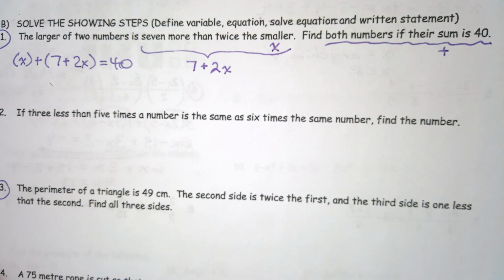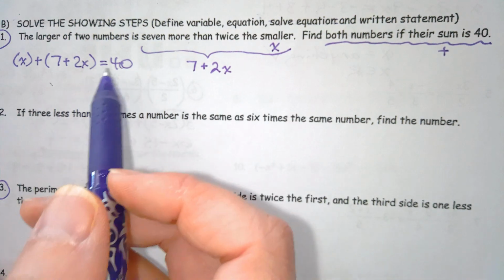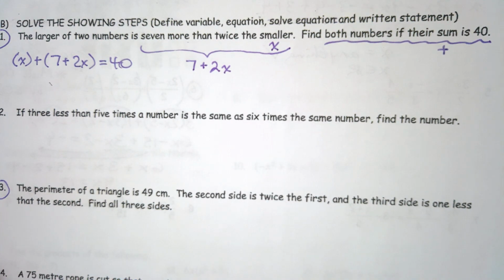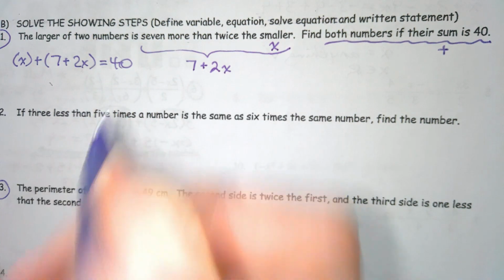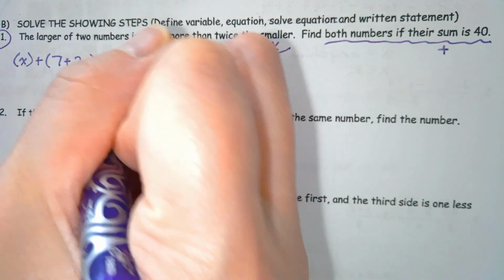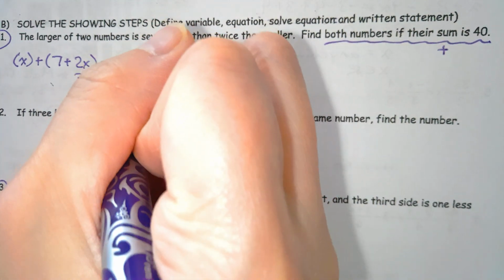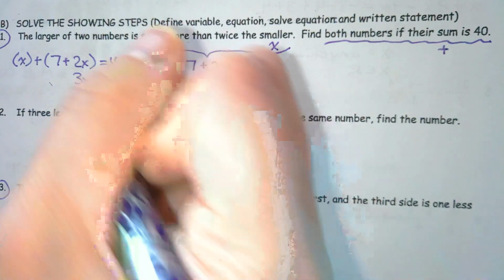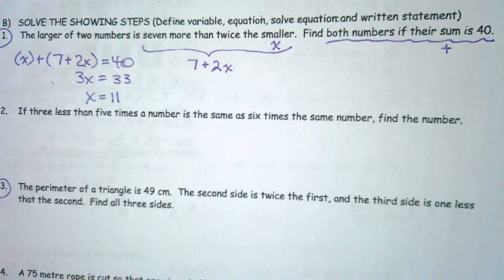Now this is actually easier than the examples we did 10 minutes ago. So letters to the left, numbers to the right. So 3x equals 40 minus 7, you get 33. You divide, so x equals 33 divided by 3, you get 11.